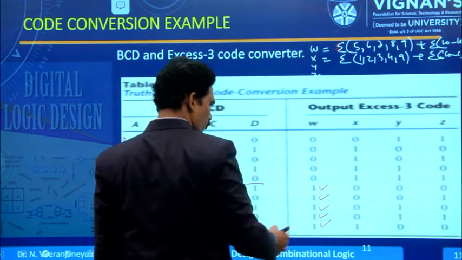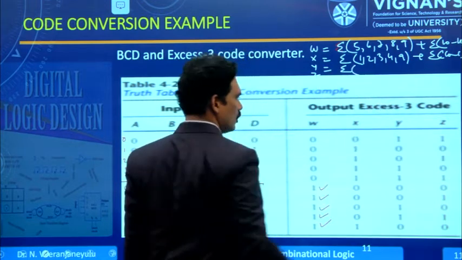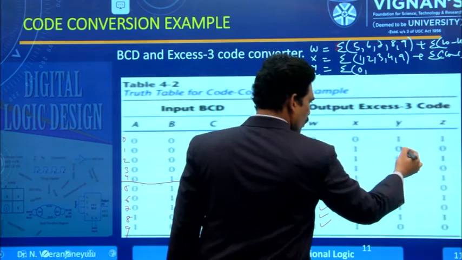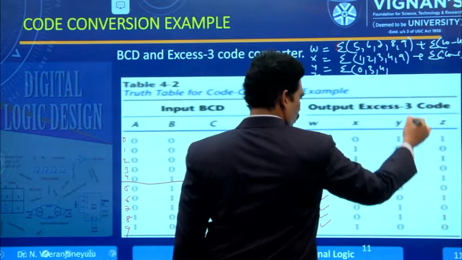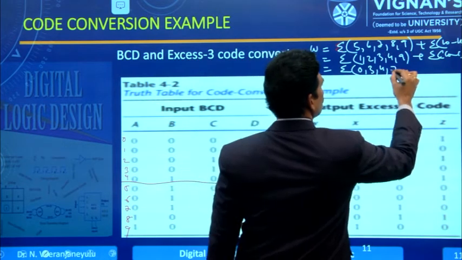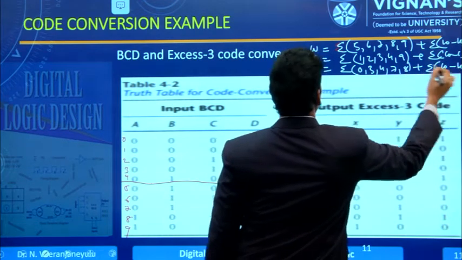Next, what about Y? Y is equal to sigma 0, 3, 4, 5, 6, 7, 8 plus sigma 10 to 15. And what about Z?